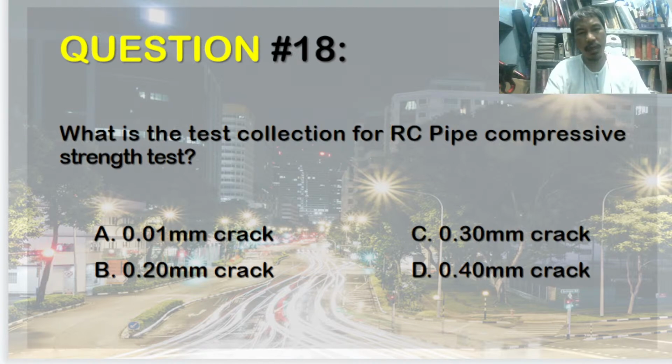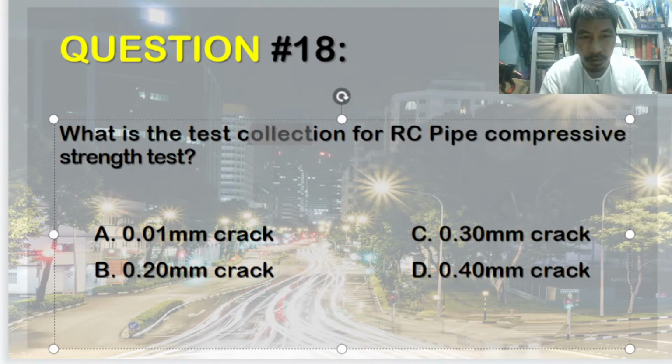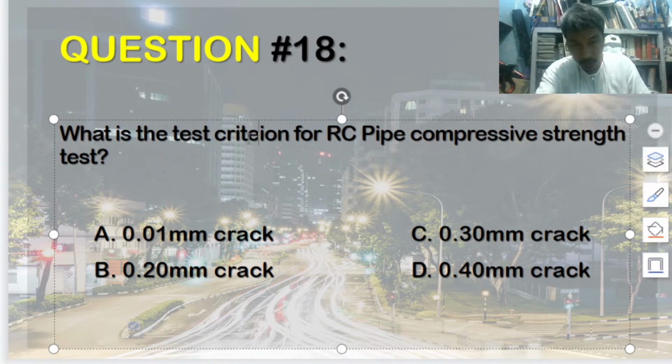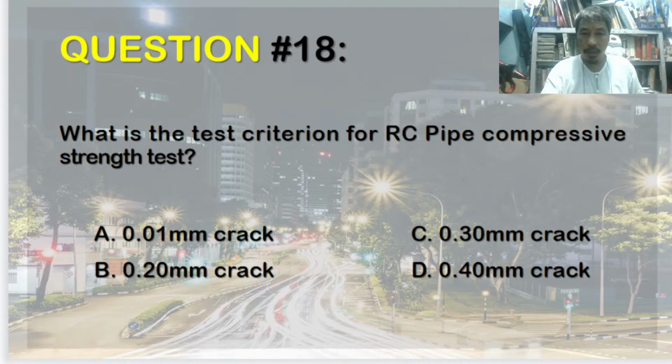What is the test collection? It doesn't make sense. I think this is test criterion. What is the test criterion for RC pipe compressive strength test?